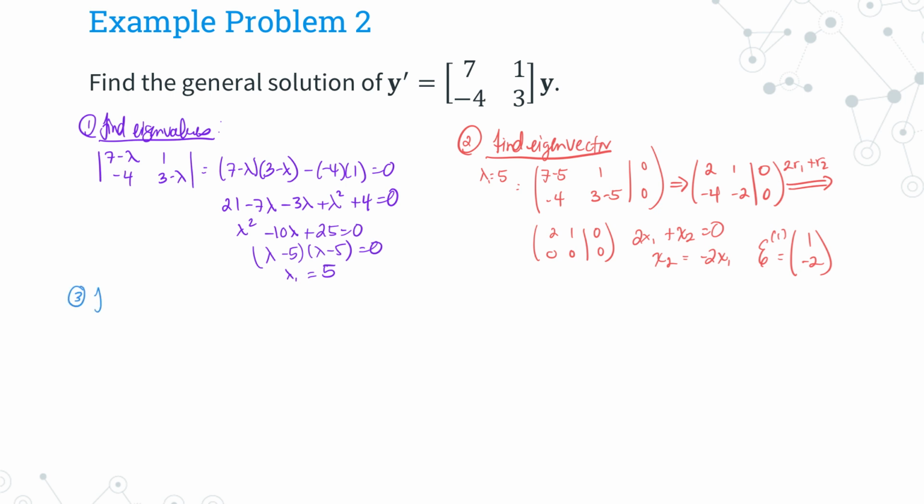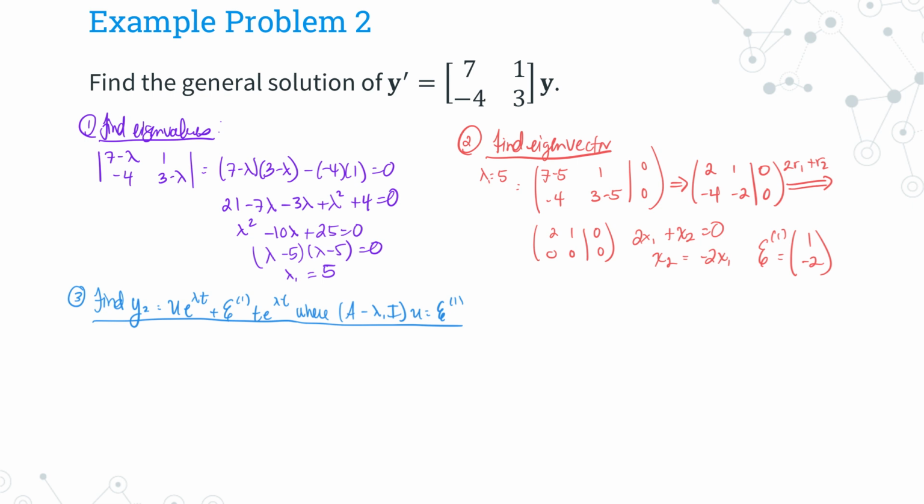So for step 3, we want to find y2. And remember, y2 is of the form u e to the lambda t plus our eigenvector times t e to the lambda t. And then again, this is where A minus lambda 1 I times u is equal to our eigenvector.